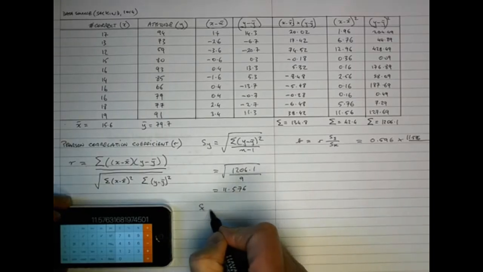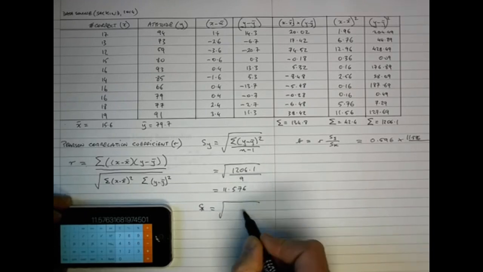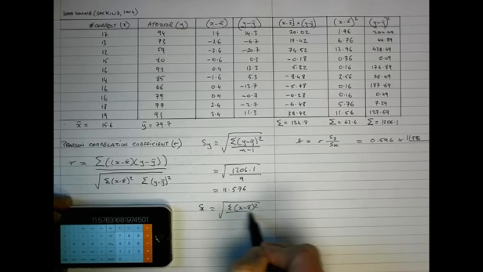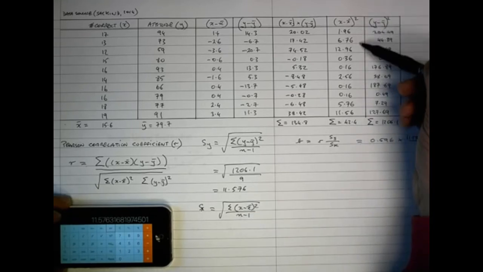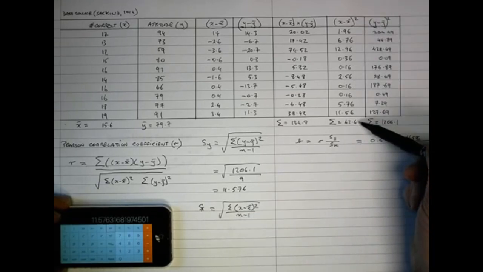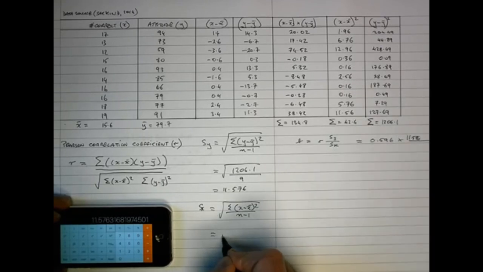So let's do the same thing here as we've done before. Standard deviation of x is equal to the square root of the sum of x minus x bar squared divided by n minus 1. We've already calculated the sum of x minus x bar squared. This is the column for it over here, and there's my value there. The sum of x minus x bar squared is 42.4, so that's going to be equal to the square root of 42.4, once again divided by n minus 1, which is 10 minus 1, gives us a value of 9.